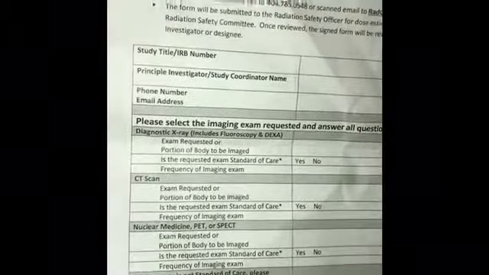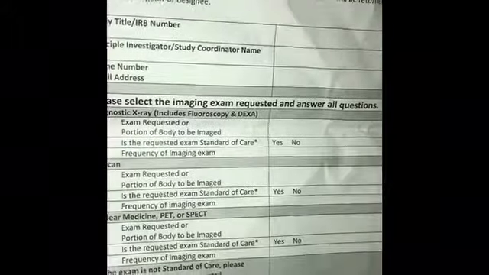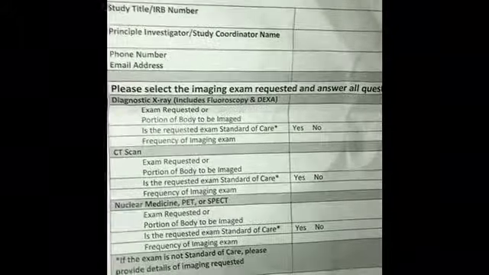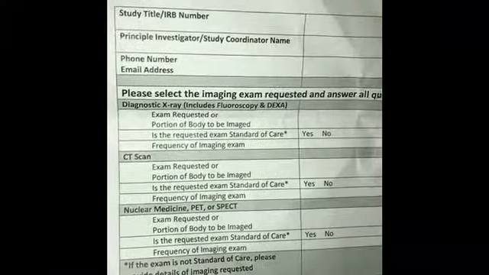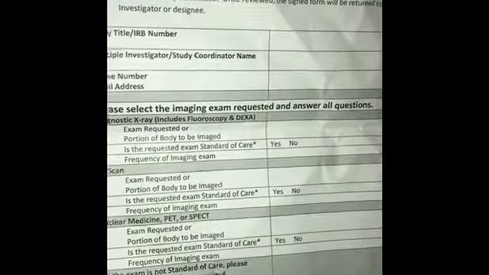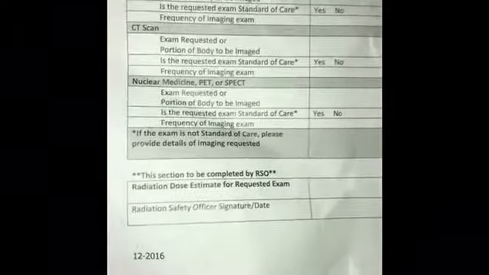And then the other box says CT scan, the same question. The third one is nuclear medicine, same question: frequency, is it standard of care, what part of the body will be imaged? And if the exam is not standard of care, please provide detail of imaging requests.